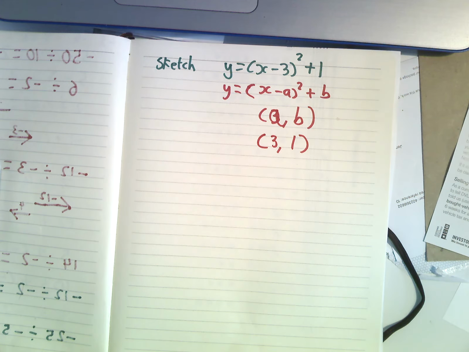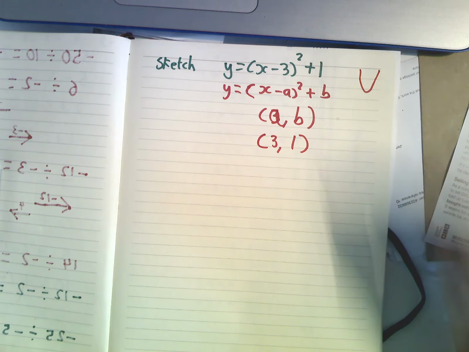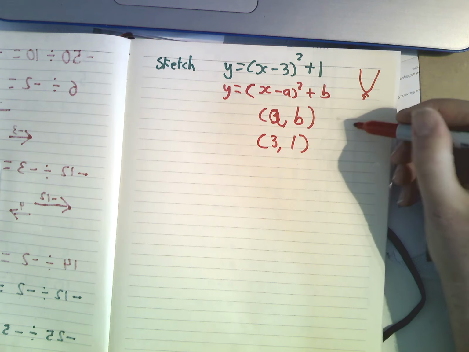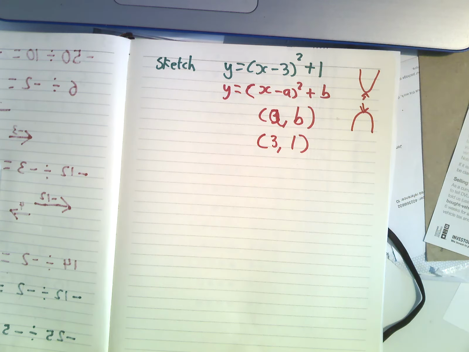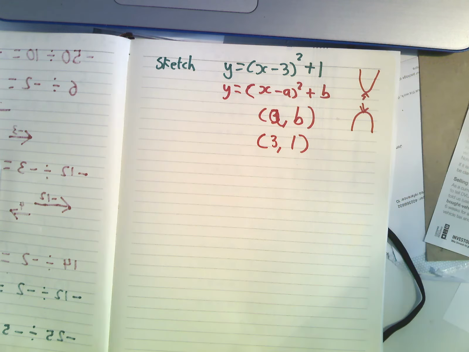Now, the turning point, if you recall, is if you've got a parabola like this, the turning point is here. It's where it turns around. Now, you either get a maximum turning point or a minimum turning point. So the minimum turning point in this case is this turning point here, because that is the smallest that this parabola ever gets.